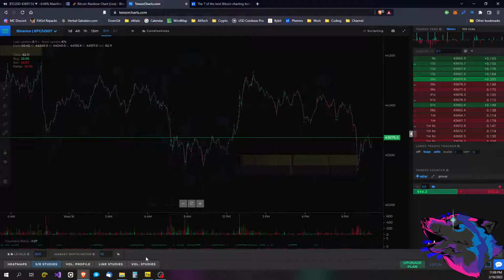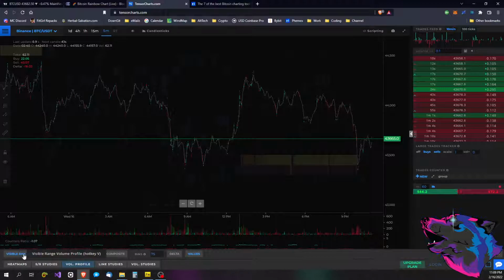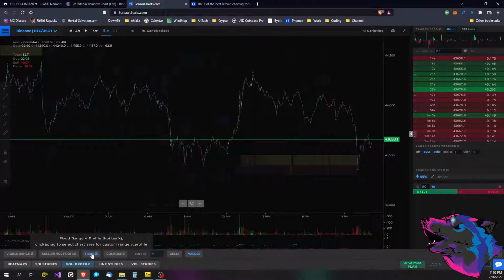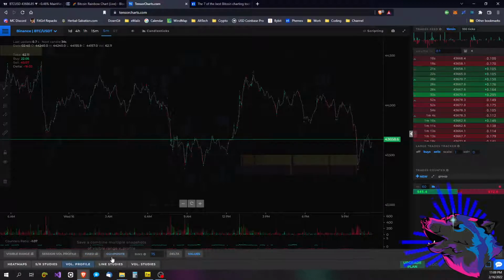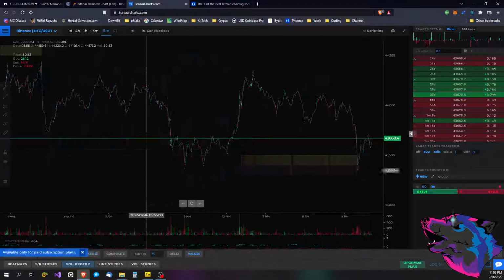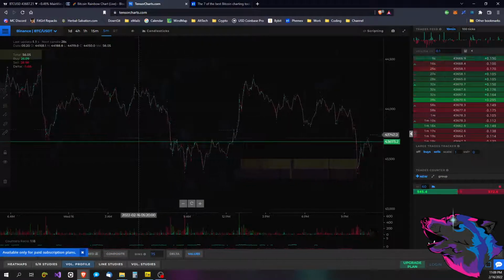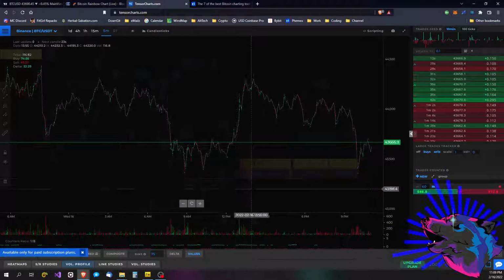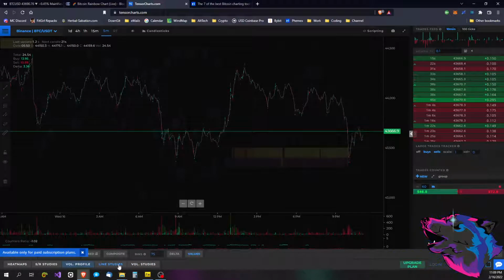Only in paid subscriptions. Well, there you go. Check a volume profile. Oh, I see. Okay. Oh, we already know what that is. If you don't know, that's that fixed range volume profile, just like in TradingView.